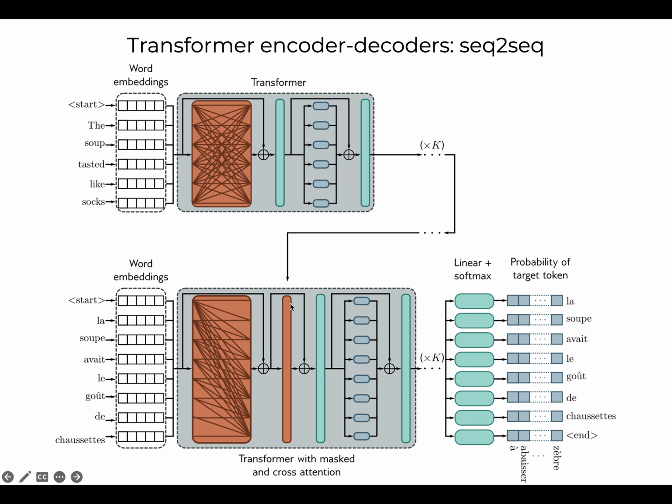But then we have this extra important part, which is attention, but it's cross attention. So now we've got coming from the encoder this representation, which is sort of encoding all of the original sentence.